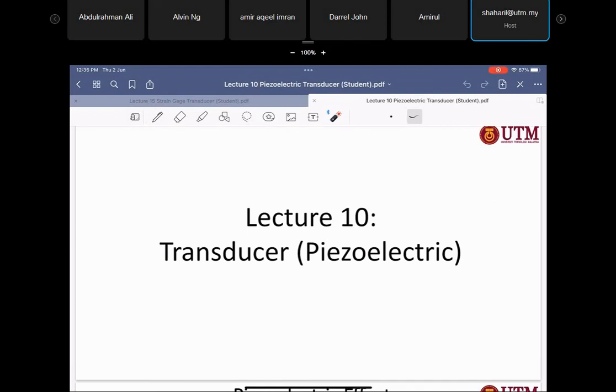Okay, so the next topic will be transducers. For your test two, the topics covered are only until the strain gauge. You have learned about the filter, the Wheatstone bridge, and the strain gauge.